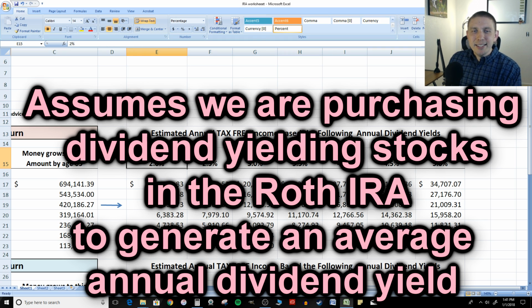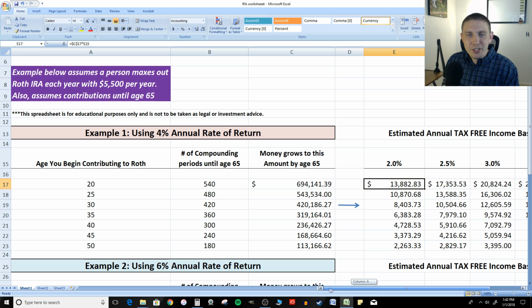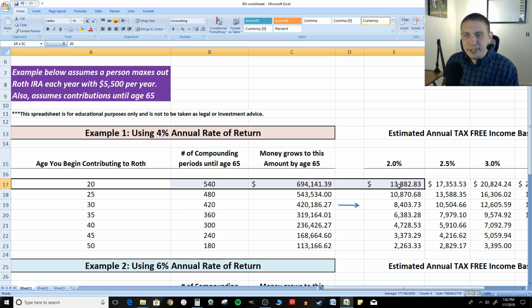What this says is, if you didn't draw down the principal but just lived off the dividend yield, what kind of income would that generate for you on an annual basis? If you look at just the 2% right here, this column matches up with this one. I'm looking at this 13,000 as an example.